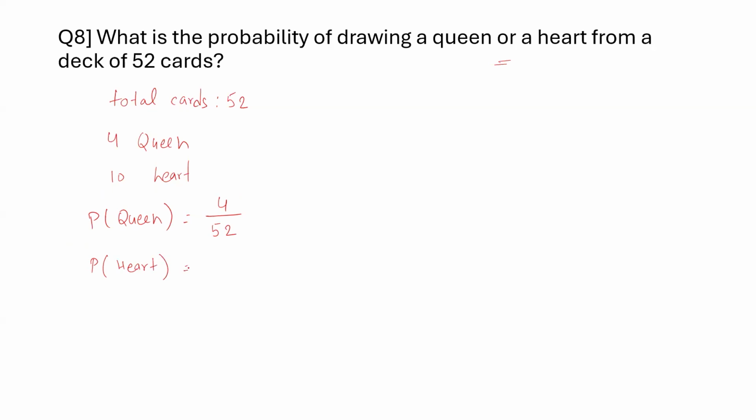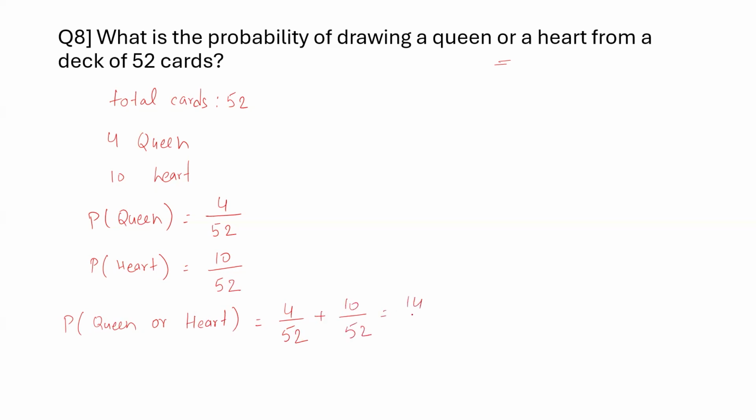So again, you have to compute the probability of picking a heart. How many heart cards are there? 10. How many total cards are there? 52. Now the final probability of picking a queen card or a heart. And for "or" probability, as I told you initially, you add them up. 4 upon 52 plus 10 upon 52.